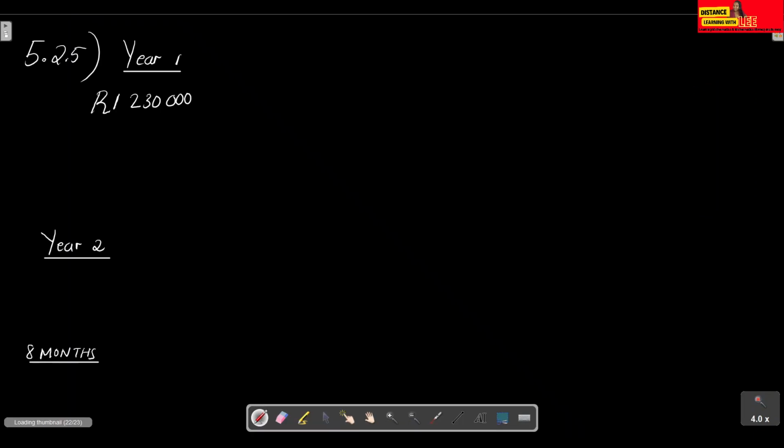So for us to get how much interest was accumulated, you just multiply by 8.1%, which is the same as 8.1 divided by 100. If you punch this into your calculator, you'll find how much interest this value that he invested in South Africa made him in the first year.